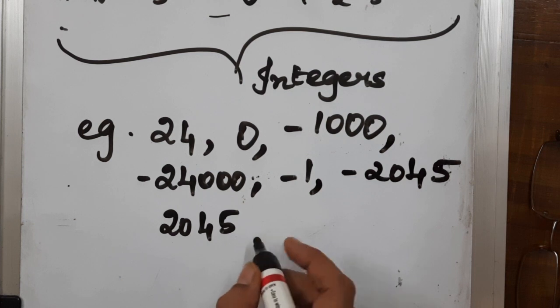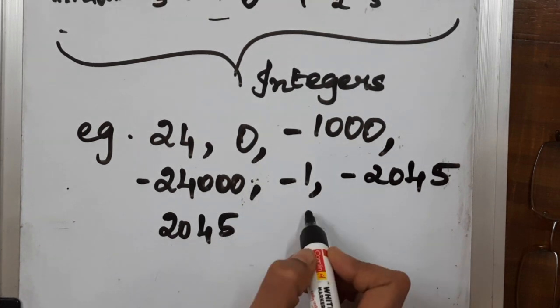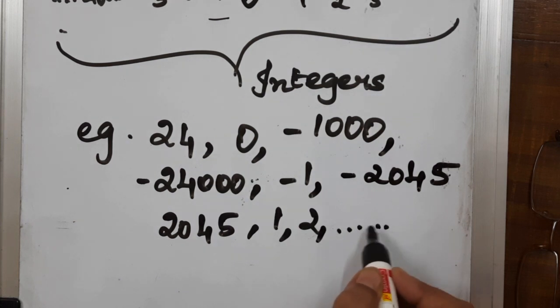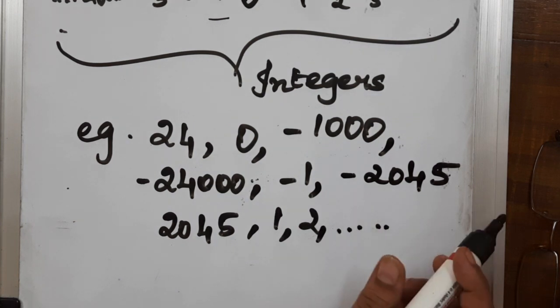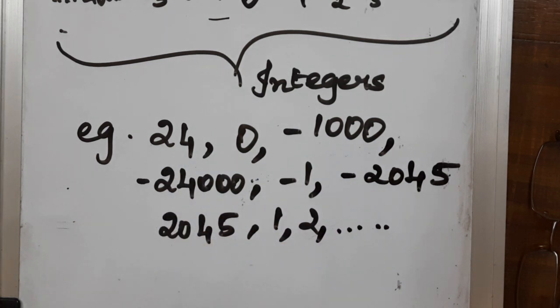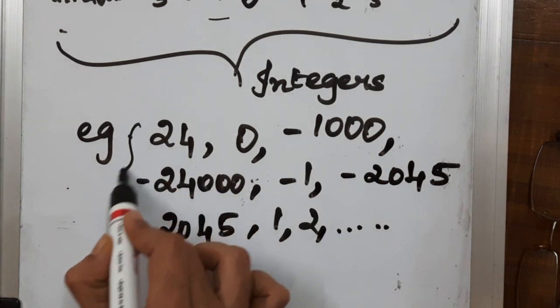So all these are integers. As I said, 0 is an integer, plus 1 is an integer, 2 is an integer. We can go on and on. So these are examples for integers.